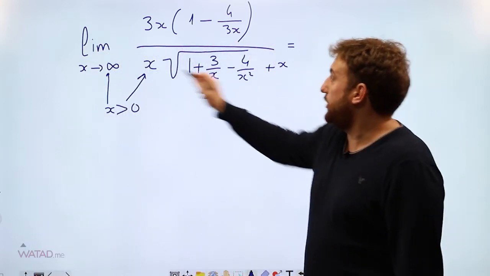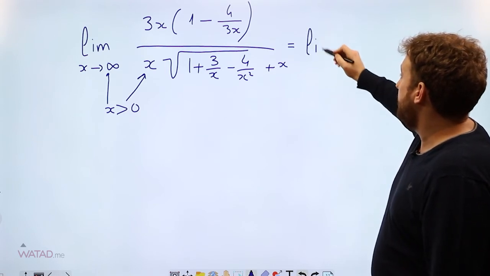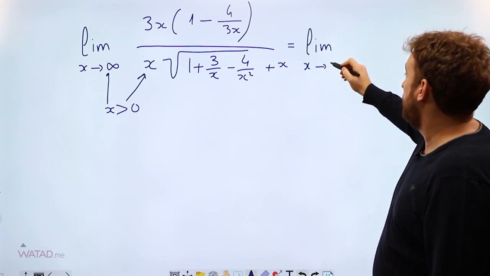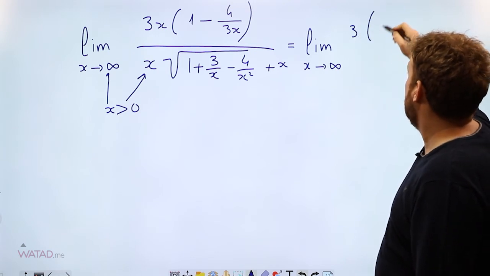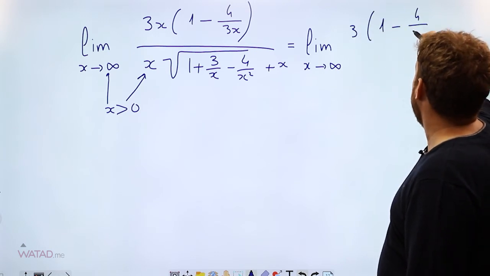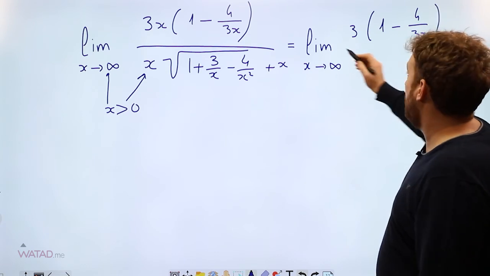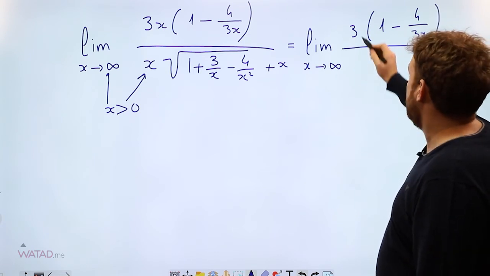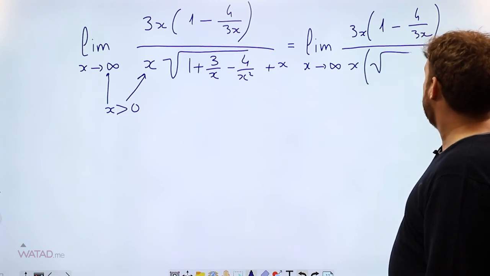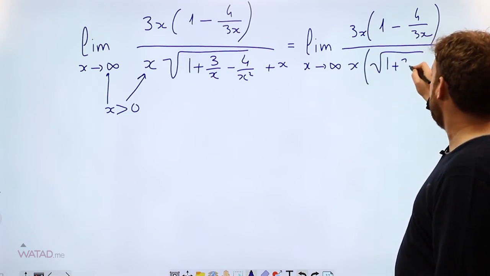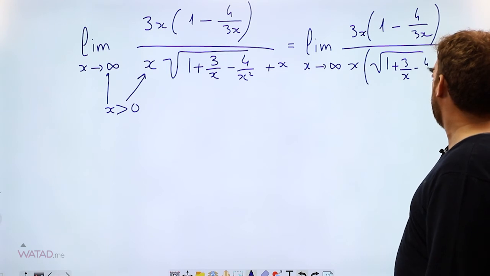Now, here we have a common x, so we're going to have the limit as x goes to positive infinity of 3 times 1 minus 4 over 3x, over, let's factor out this x, the radical of 1 plus 3 over x minus 4 over x squared plus 1.